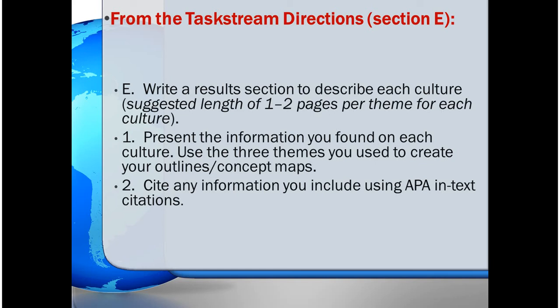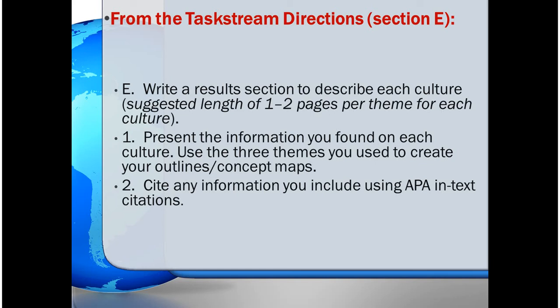This section has to all be fact. This has to all be factual information that you find. We don't really want to see any opinion in this portion of your paper. The way we ensure that it's all fact is that we document it, through the use of in-text citations.